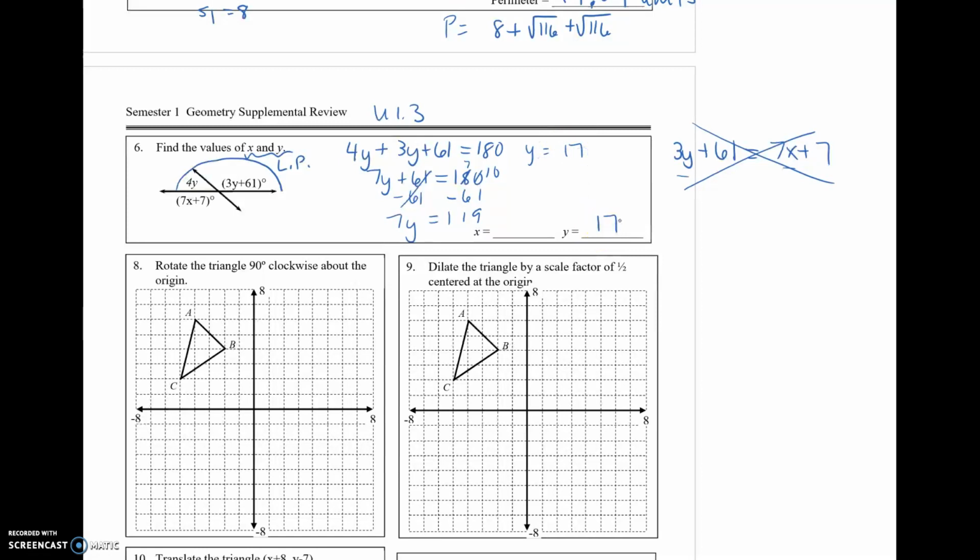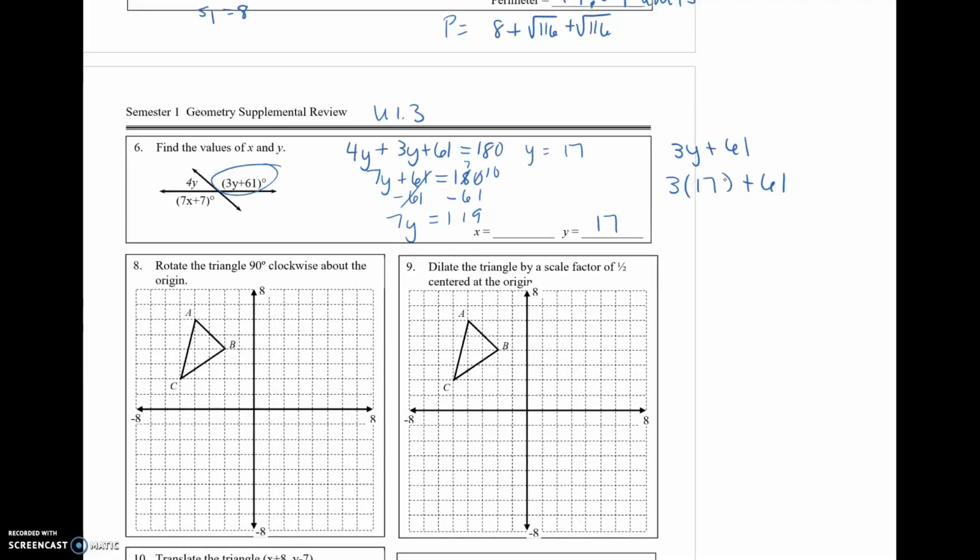Okay, so now we could come back and plug this into this equation. The reason I'm using this one is I'm noticing that these are vertical angles here. So I'm going to come back to my equation for this, and I'm going to say, all right, 3y plus 61, if I substitute in a 17 there, I can do that multiplication.